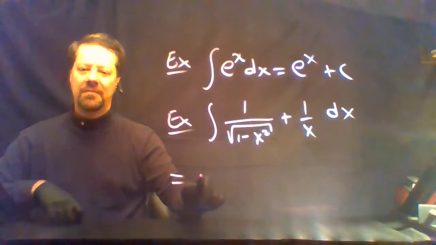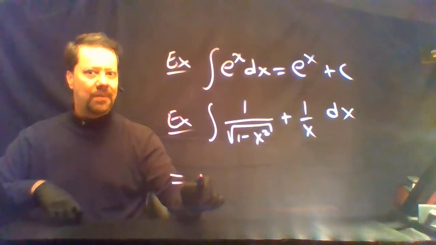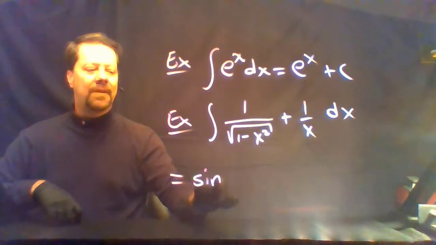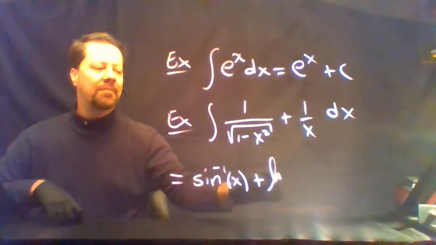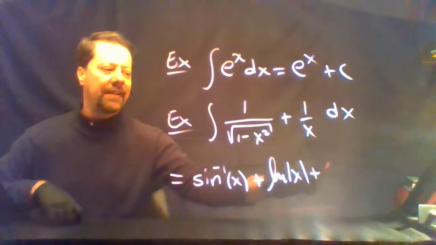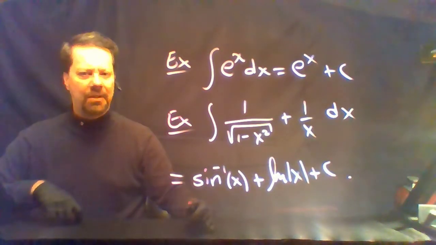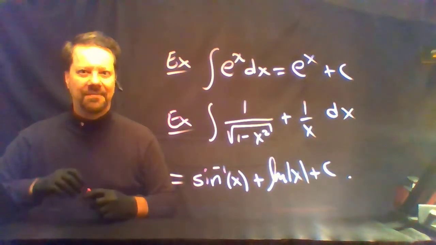The first term is the other one you're supposed to remember. And the second term gives us log absolute value of x plus c. Don't be forgetting that absolute value.